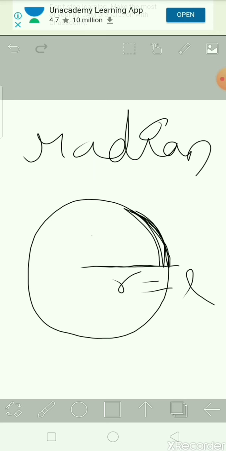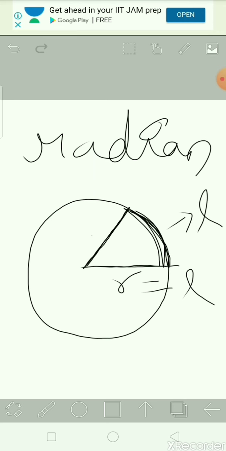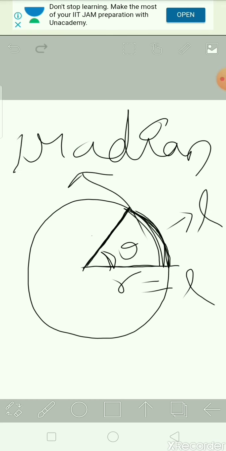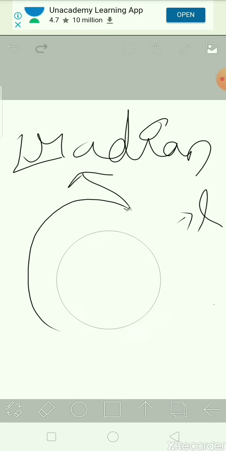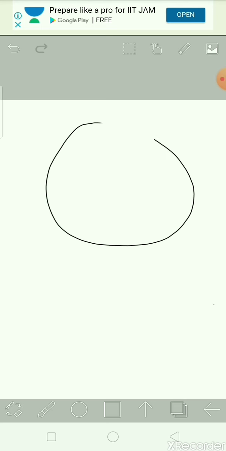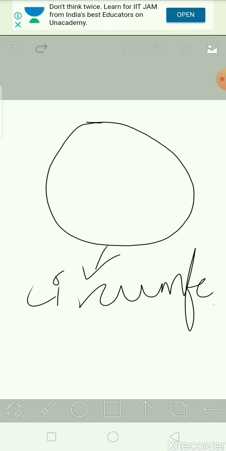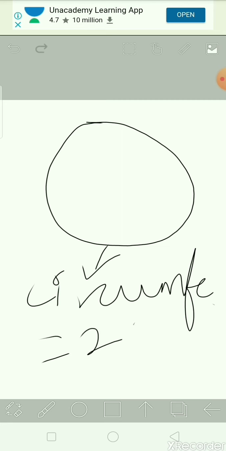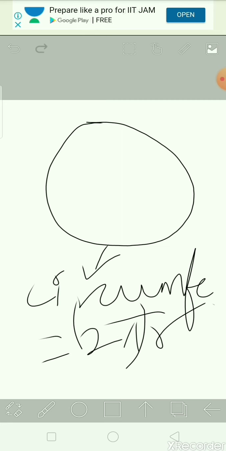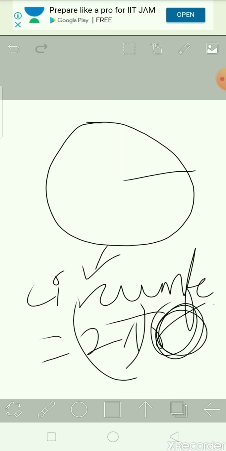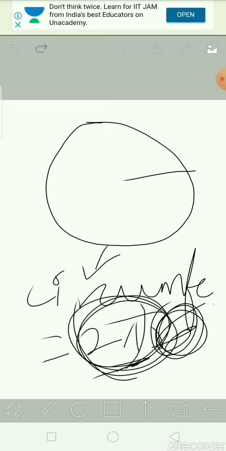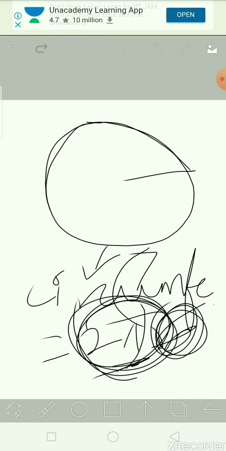Here the radian is angle theta such that arc length is equal to the radius. So 1 radian equals arc length by radius. To understand this, just remember that circumference of a circle is 2 pi r. So what we get is 360 degrees of full rotation is equal to 2 pi radians.